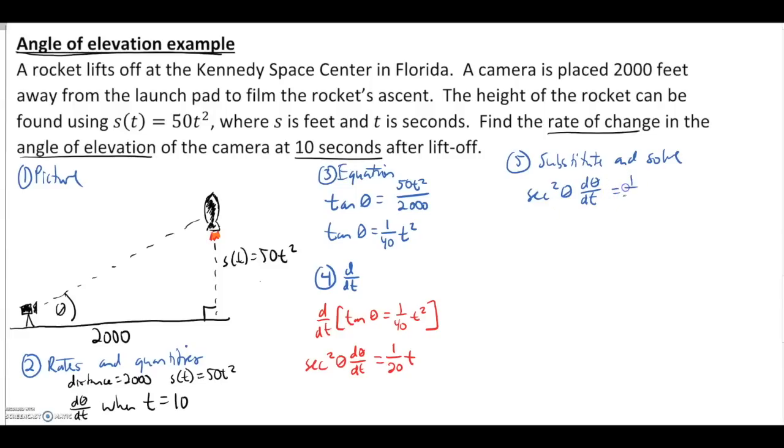I do know the other side will be 1/20th times 10, so secant squared of theta times d theta dt will equal 1/2. What we need is to be able to divide this 1/2 by secant squared theta, or that's really going to mean there's going to be 1/2 cosine squared theta.